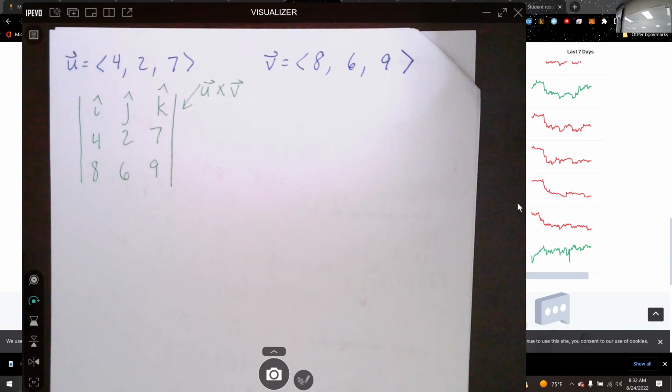This will technically be a new vector. You can call it U cross Z, but you could also call it something else.